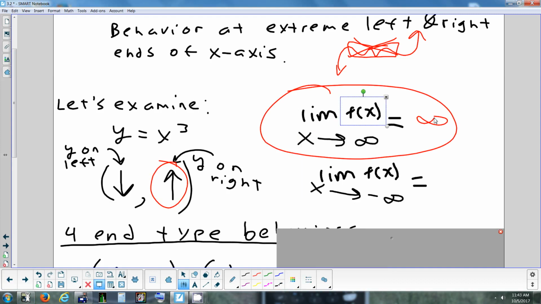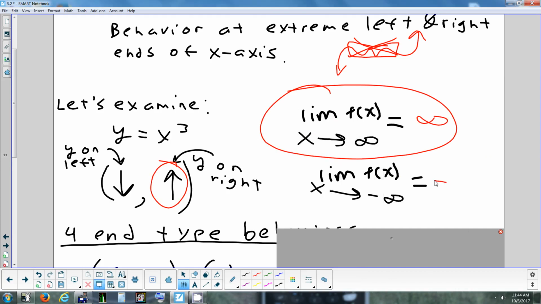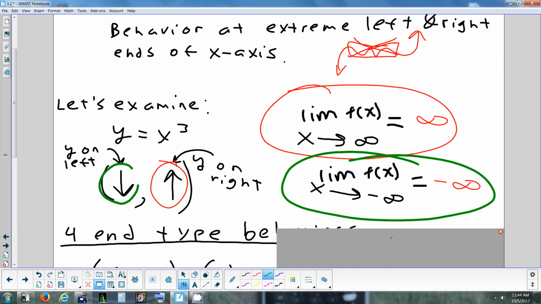Let's try this one. This says what's happening to y as x heads left. Negative infinity is left. So as I head towards negative infinity on the x-axis, as I head left, what's happening to my y value? It's approaching negative infinity. I'll just do it in a different color. This is describing what's happening right there.